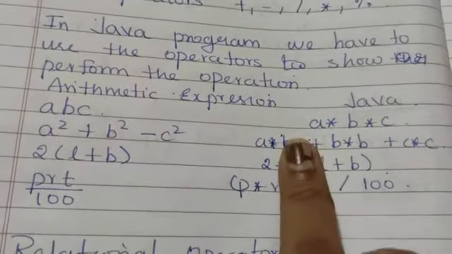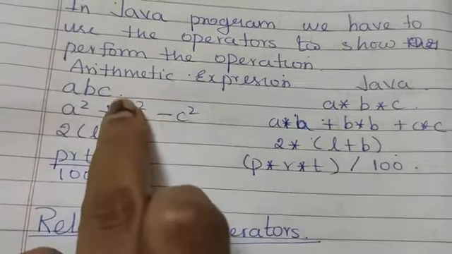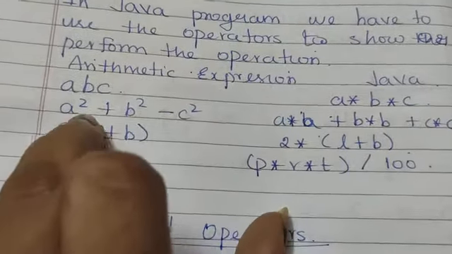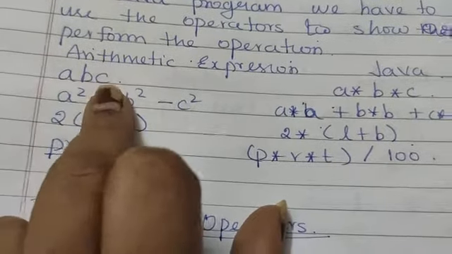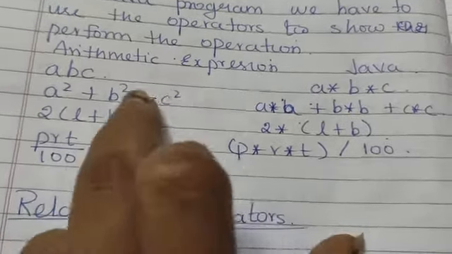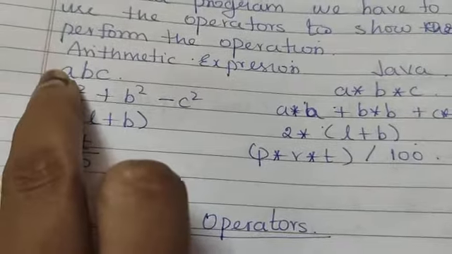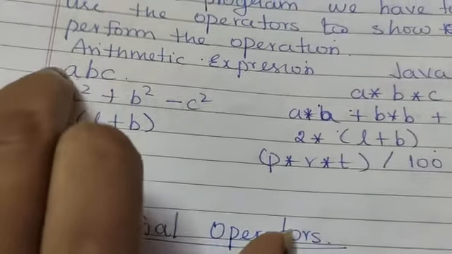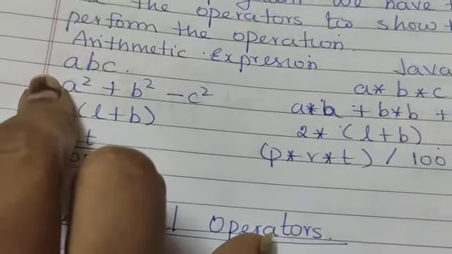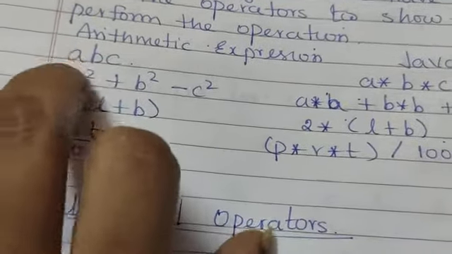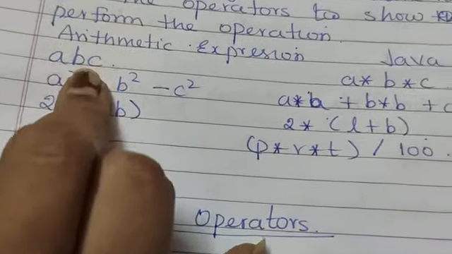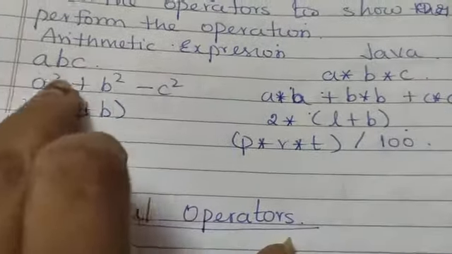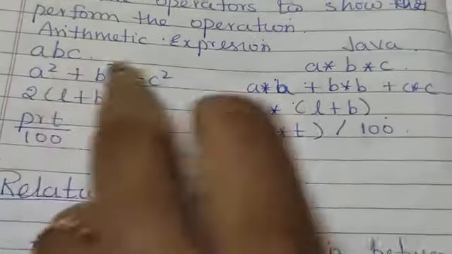So, arithmetic expression. A B C means we understand that A into B into C. But the computer cannot understand. If you give ABC, it will think it is a variable name or something. It will just consider it as a single word, but it doesn't know that it is a multiplication form.